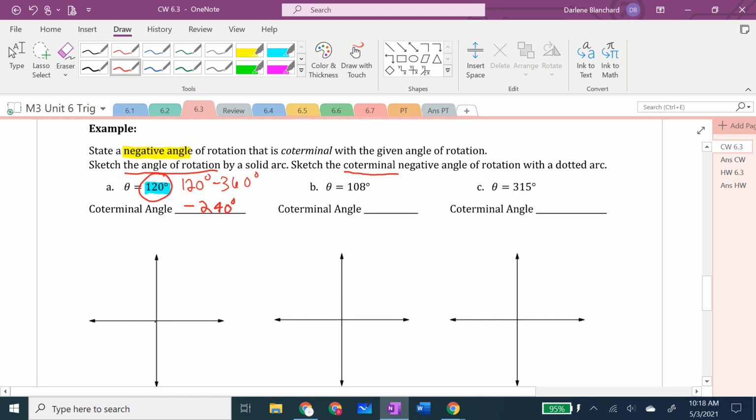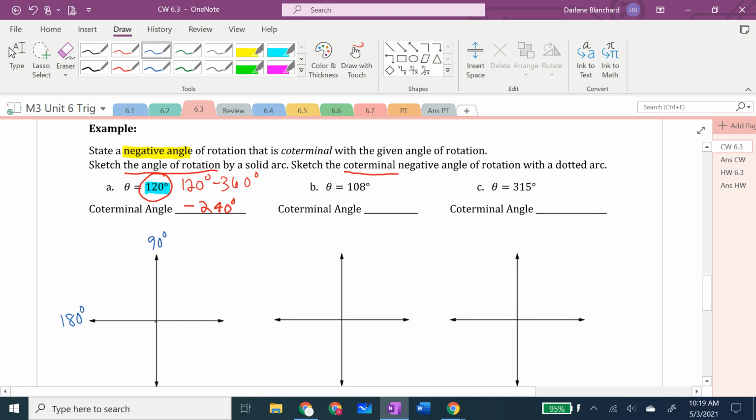So first of all, you've got to figure out where is 120. If this is 90 degrees and this is 180 degrees, where does 120 lie in there? What fraction in there?